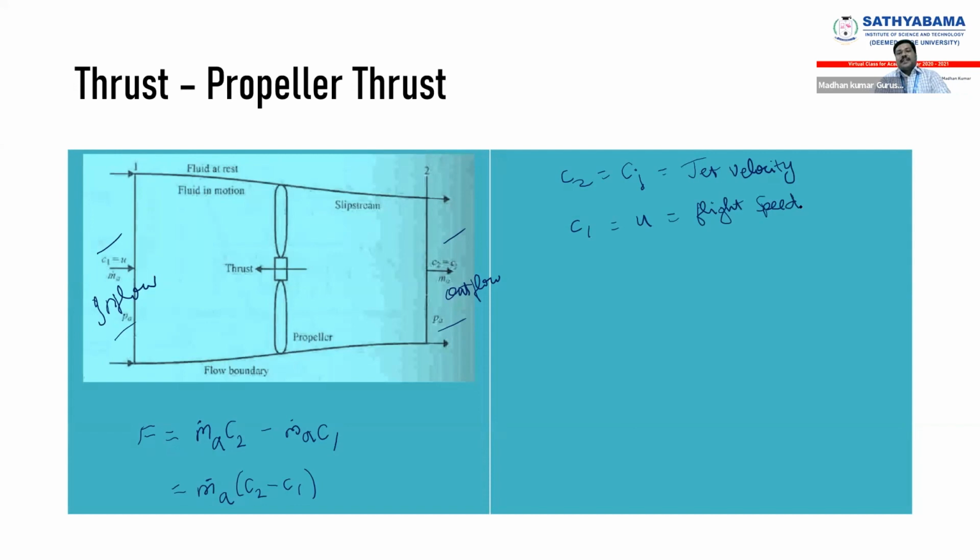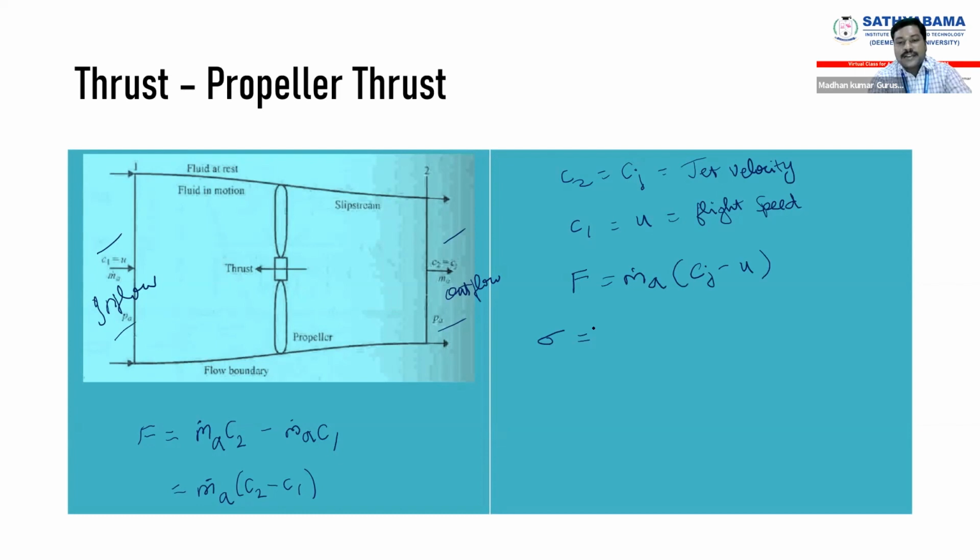So considering these as jet velocity and flight velocity, your expression of propeller thrust becomes m dot a times Cj minus u, right?